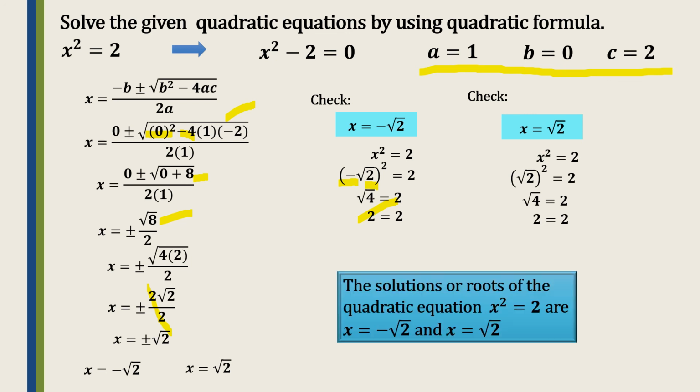Therefore, the solutions or roots of the quadratic equation x squared equals 2 are x equals negative square root of 2 and x is equal to square root of 2.